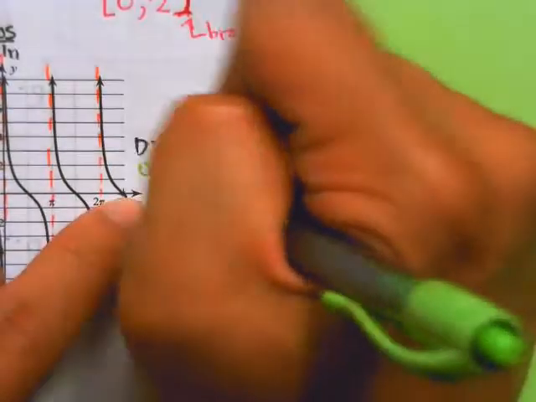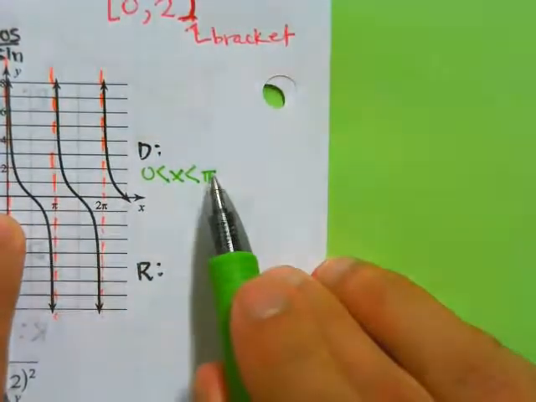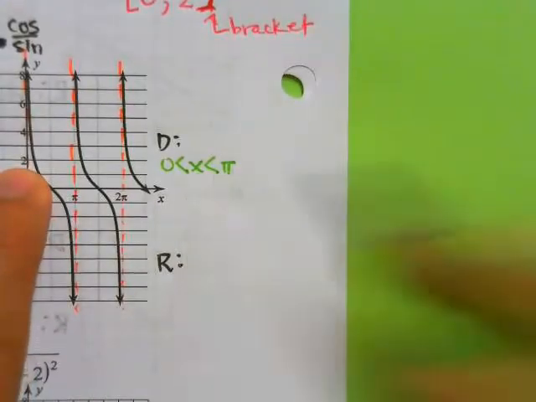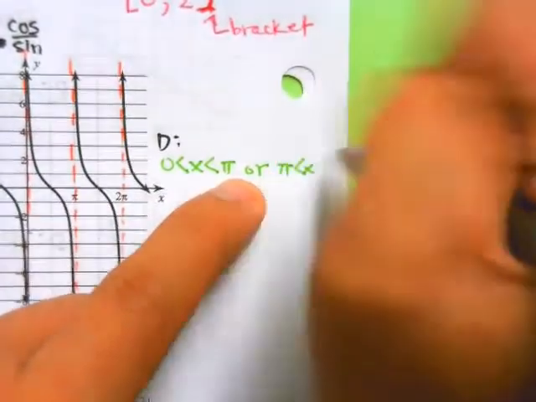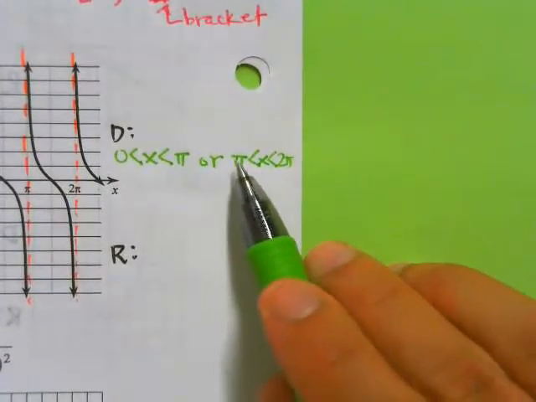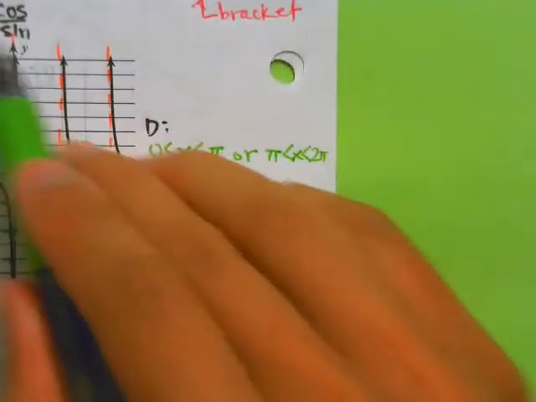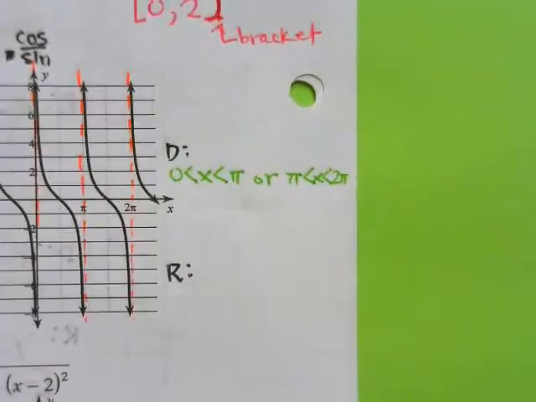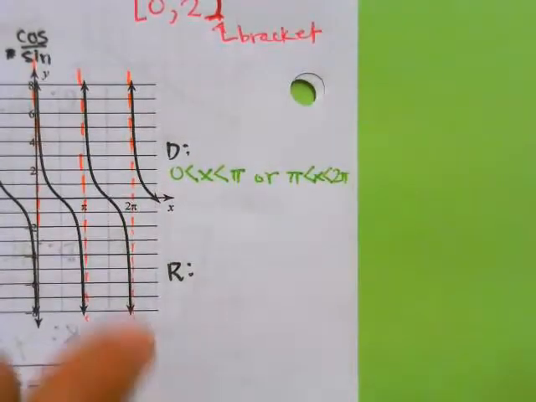Okay, so x cannot be 0, cannot be pi, but anything can be in between those, or this as well. Okay, cannot be pi, cannot be 2 pi, but it looks like anything can be there. And I'm just going to copy and paste what we wrote down at number 12.